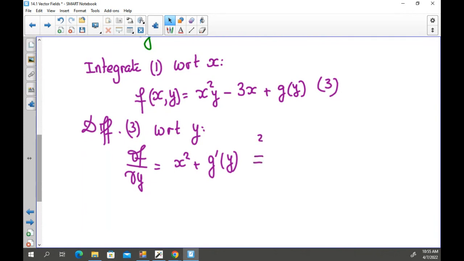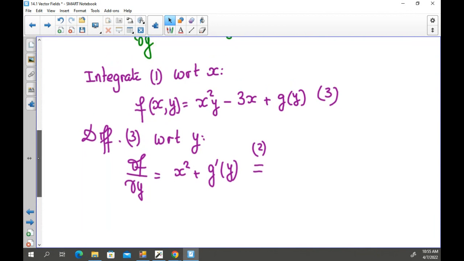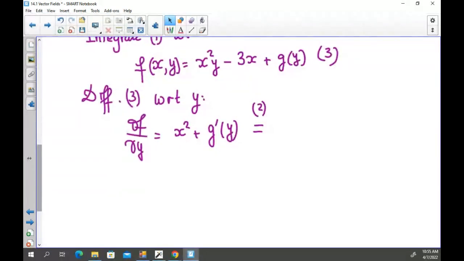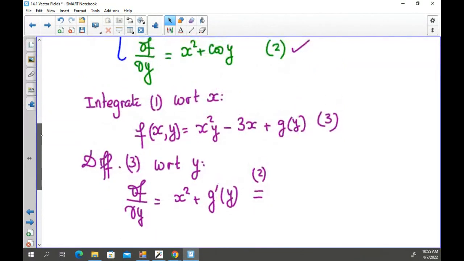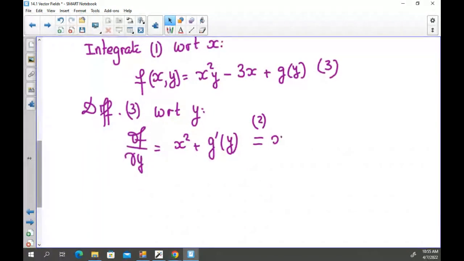And we know that according to equation 2, df over dy should be x squared plus cosine y.